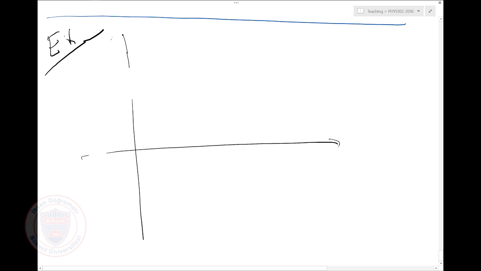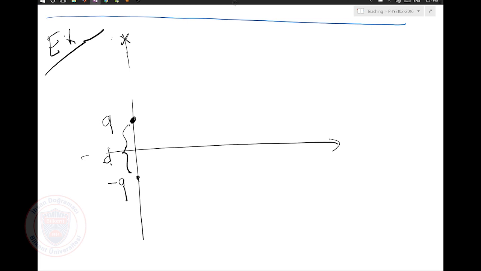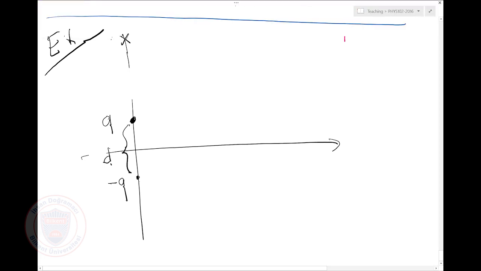If I have two charges, q and minus q, which are separated by a distance d, we found the electric field on axis, right? What was this arrangement called? It was called a dipole, right?